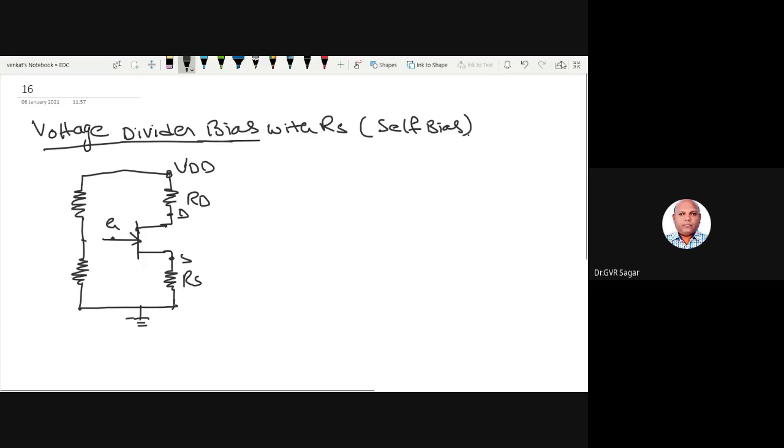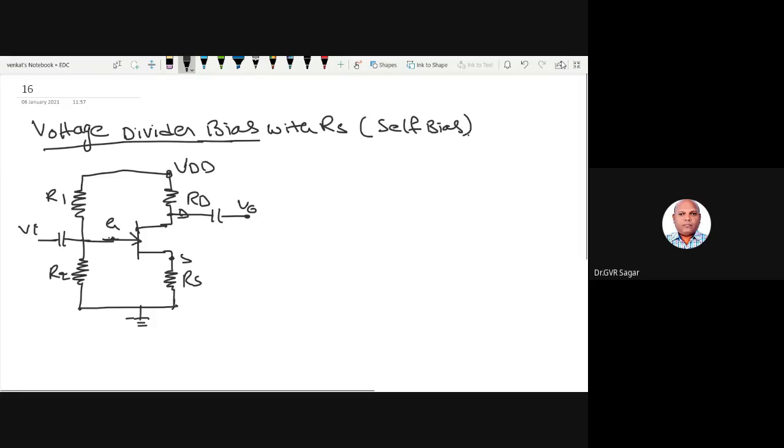This is the circuit, this is R1 and this is R2. So this is the voltage divider bias.